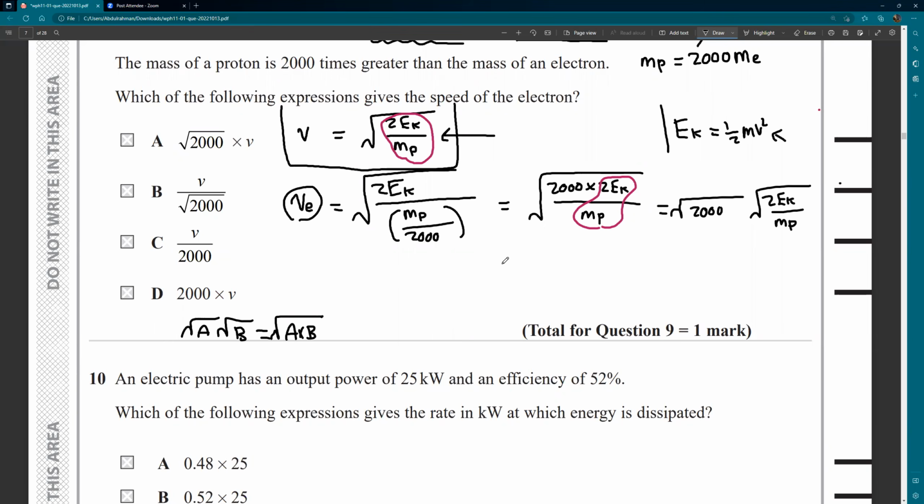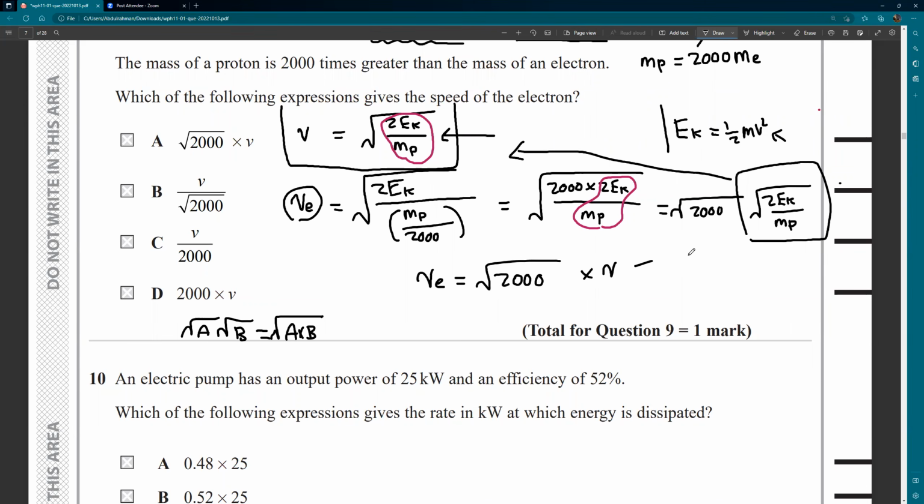Okay, so this is your velocity of the electron. But what I can say is that square root 2EK over MP is the same as v. So we could simplify to say the velocity of the electron is square root 2000 multiplied by v, because this is equal to v. And the option is A.